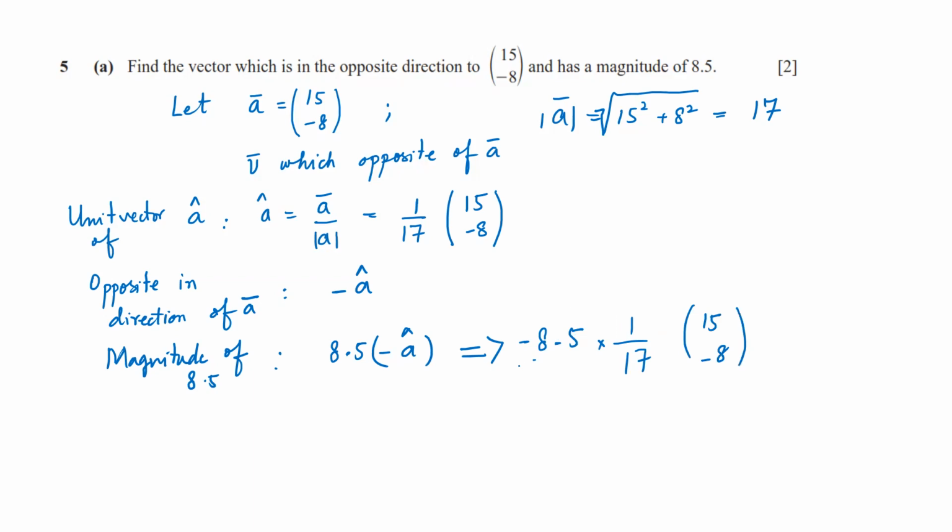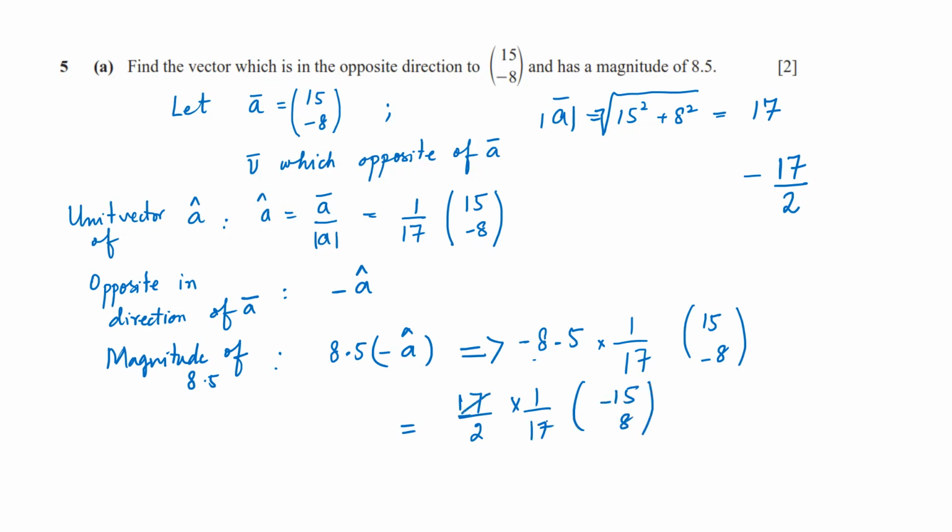If you simplify it, 8.5 is actually 17 by 2. So it comes out to be 17 by 2 multiplied by 1 by 17, with the minus sign inside.